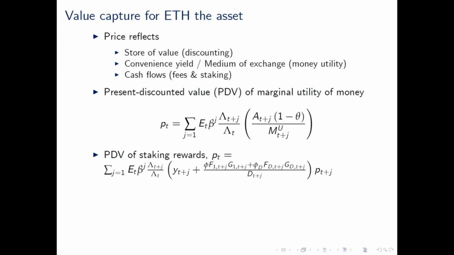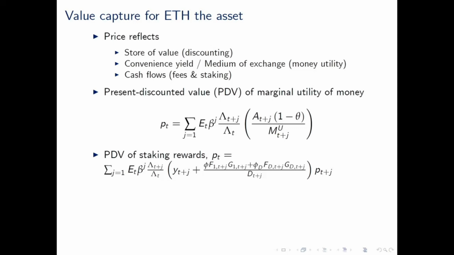Now fees also show up when you look at the other pricing equation from the staker side. If you take the staker's pricing equation and iterate it forward, the price of the token is just the present discounted value of the cash flows, and these are the rewards and the priority fees from the two block space types.